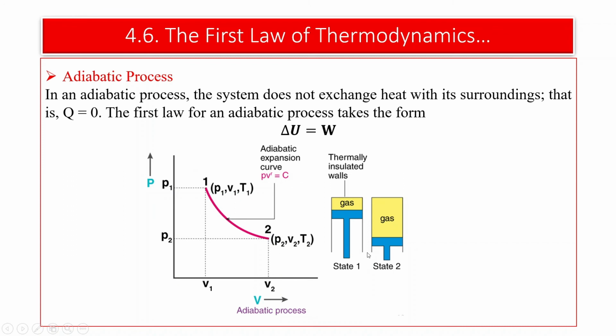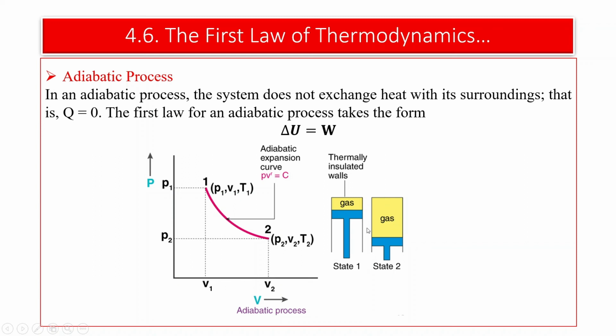So when you do work, for example if it goes from state 2 to state 1, when you push in this direction, the process goes from state 2 to state 1, so there is an increase in pressure. The pressure at state 2 is P2, the pressure at state 1 is P1, so P1 is greater than P2, so there is an increase in pressure, but there is a decrease in volume because volume V1 is less than V2.